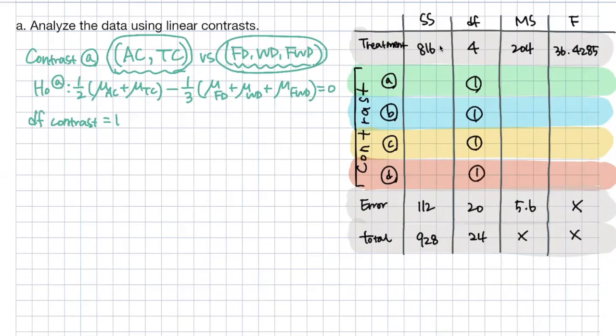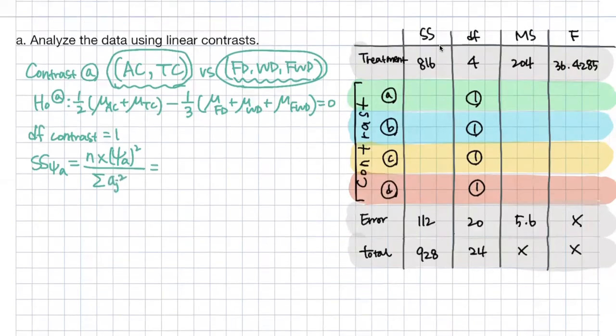So the sum of squares for psi A is n times psi A squared divided by the sum of the linear coefficients squared.